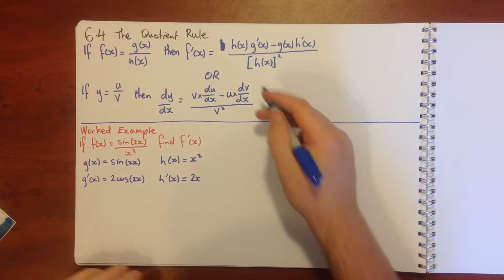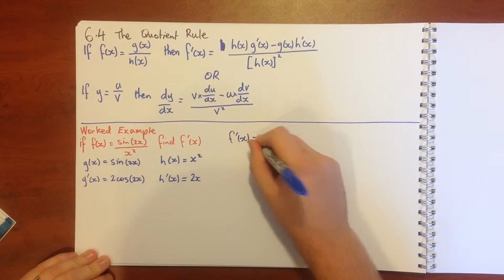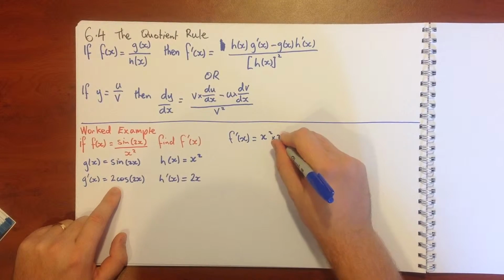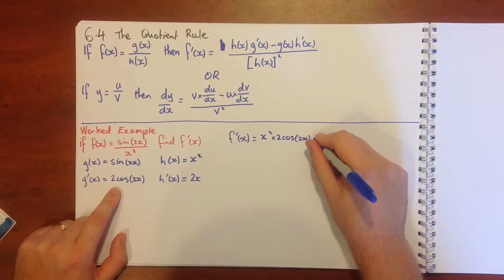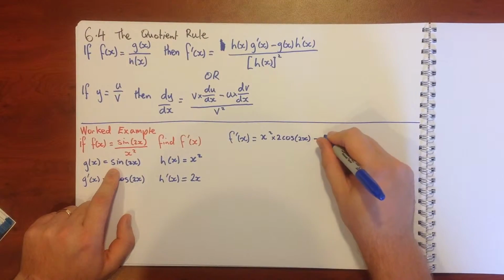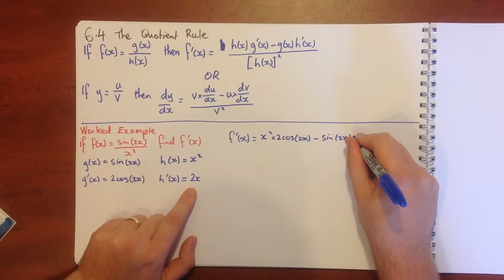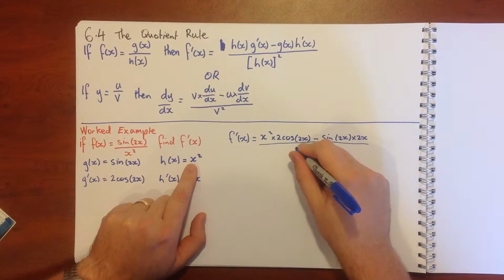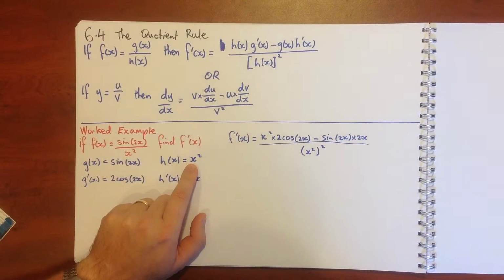Now we just need to put everything together. So h of x, that's x squared, so f dash of x equals x squared times our g dash, 2 cos of 2x, minus g of x, which is sine of 2x, times h dash, which is 2x, all over h of x squared, so x squared squared.